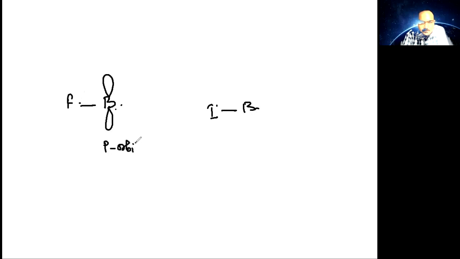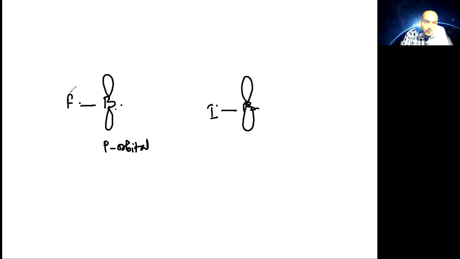Now you can see here, this is boron, this is fluorine. This is boron, this is iodine. So boron has a vacant p orbital.